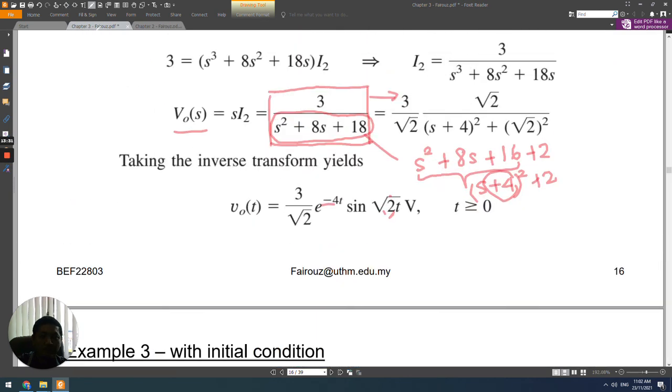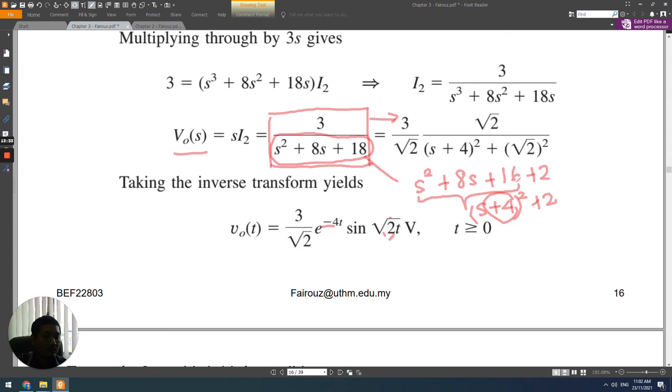So here, to make it squared, you can just take the square root of this and then square the value. Now the omega is square root of 2.